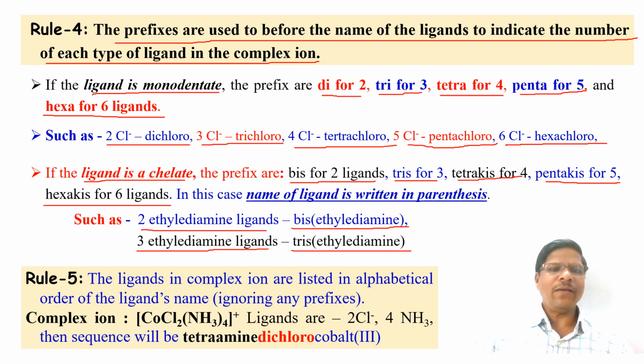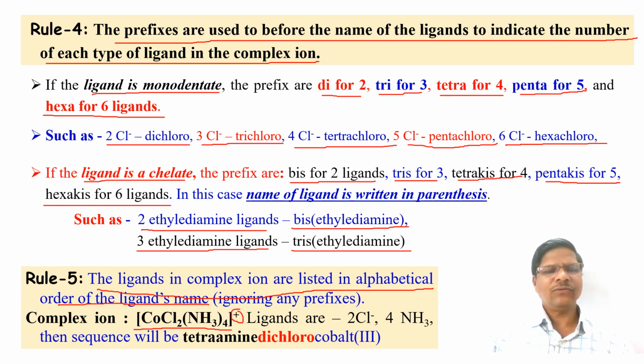Then rule number 5. The ligands in a complex ion are listed in alphabetical order. Okay. So if there are two or more ligands in the coordination compound, then we have to use alphabetical order to write down the names of the ligands. For example, we have [CoCl2(NH3)4]+.